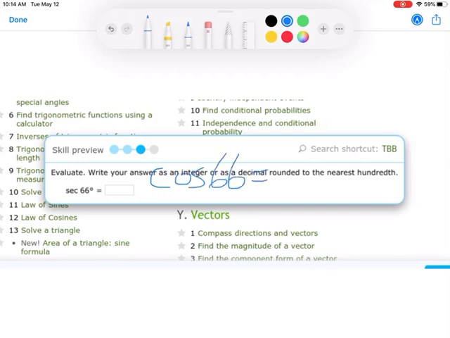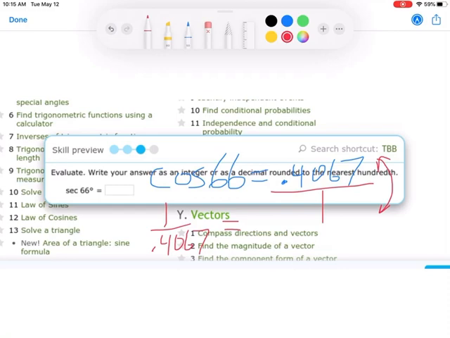Again, that's really 1 over the cosine. So I do 1 divided by 0.4067, because that's what the secant is.